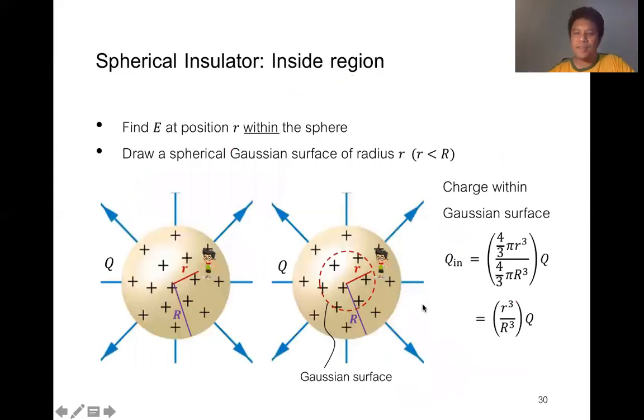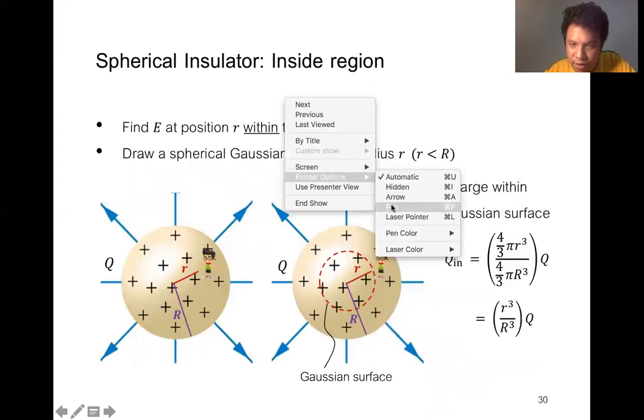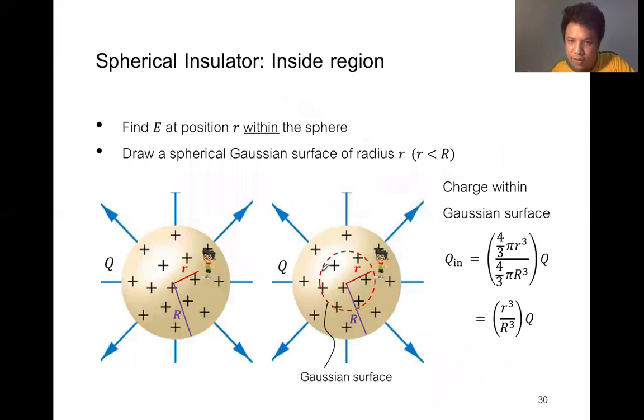But for the inside region, it becomes a little bit tricky, because when I draw the Gauss surface inside the insulator, this Gauss surface contains some amount of charge Q in. In order to find Q in, you need to use the ratio between the small volume and the whole volume.